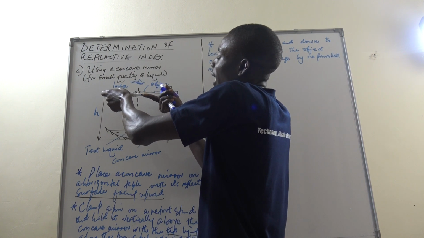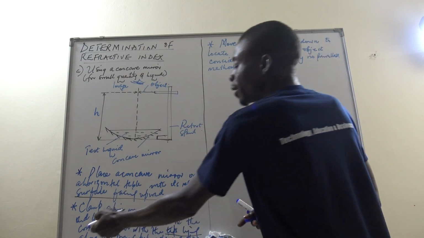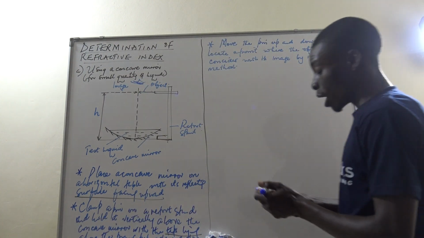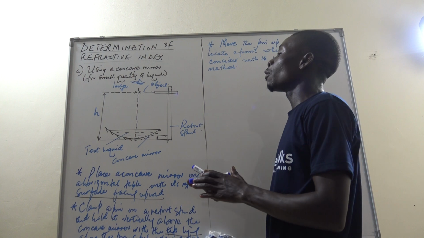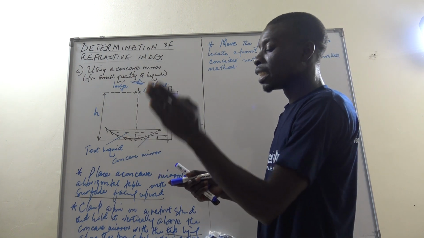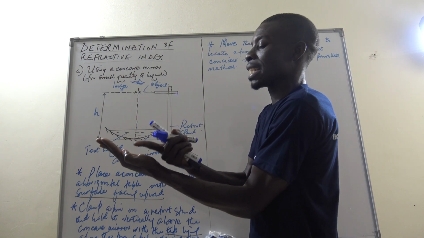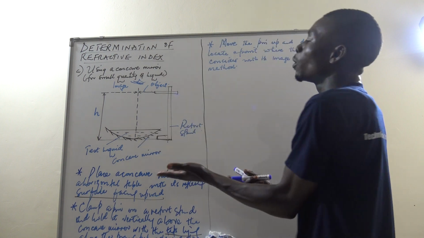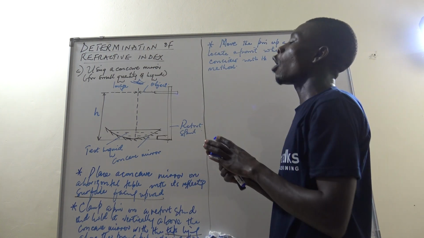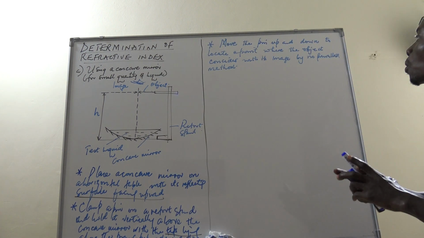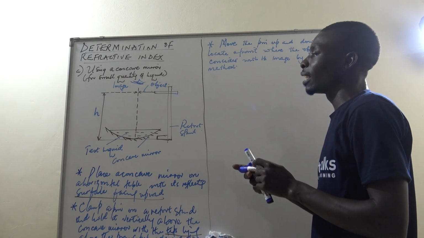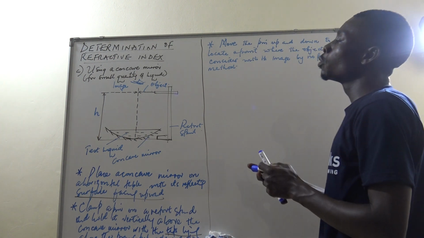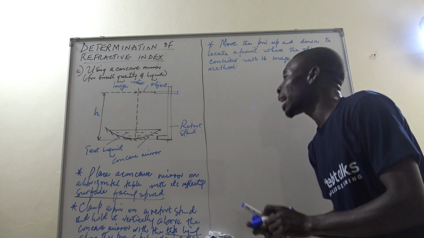This is what they call parallax. It always happens when you disobey this statement here. When you make your arrangement and you find that the tip of the pin, instead of lying at the center, is aside, then whenever you move your eye, the image and the object will be moving apart, which is the parallax idea. So you should ensure that there is no parallax.